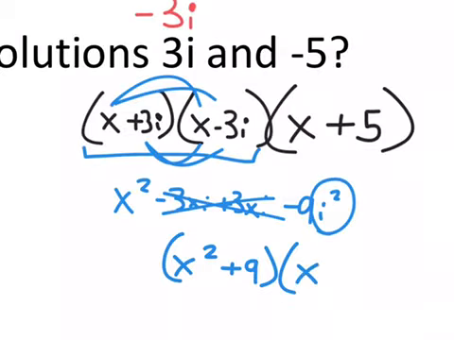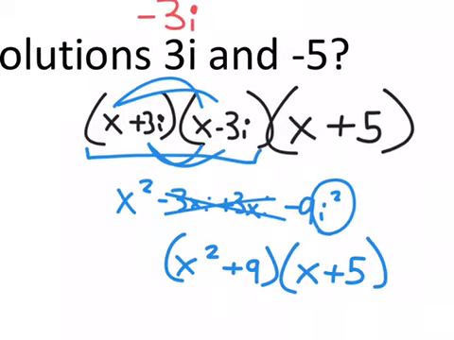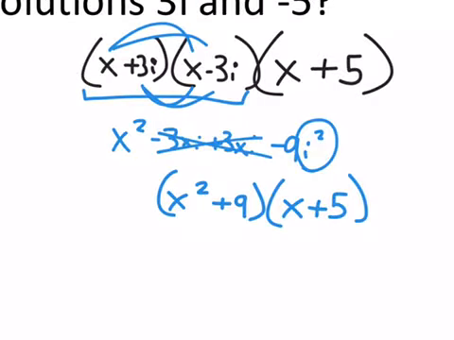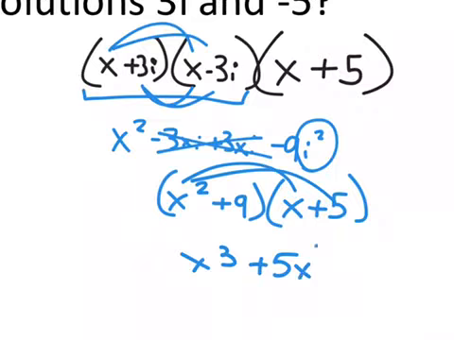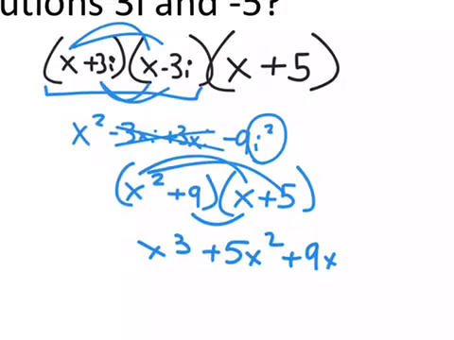And then if you just took that and multiplied it by x plus 5, you'd be able to get the original polynomial. So that'd be x cubed plus 5x squared plus 9x plus 45.